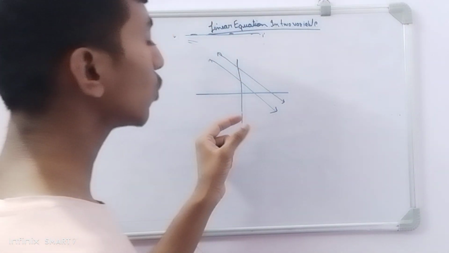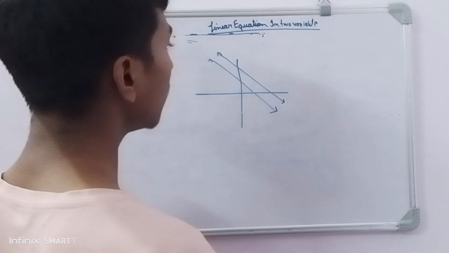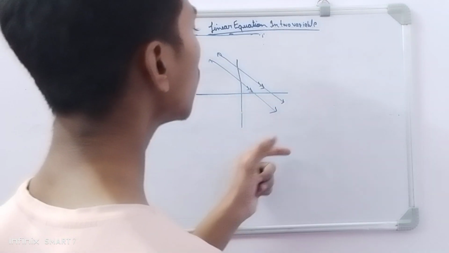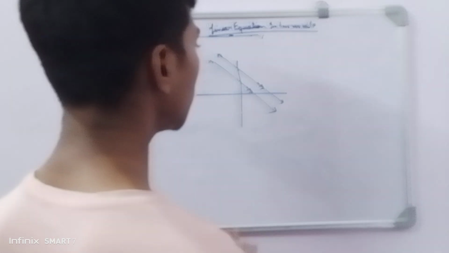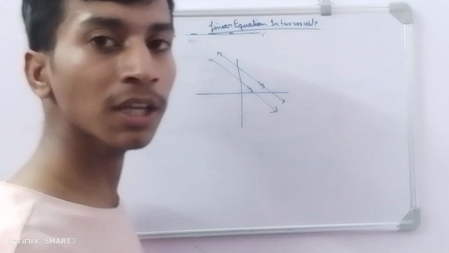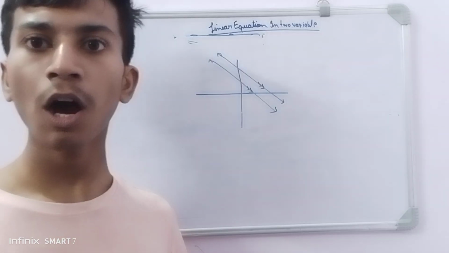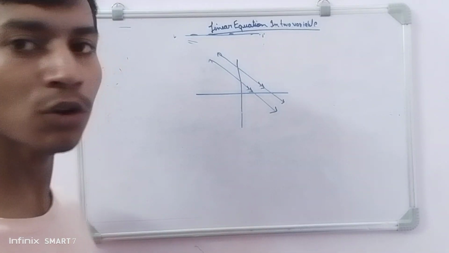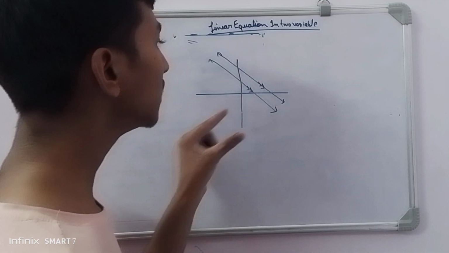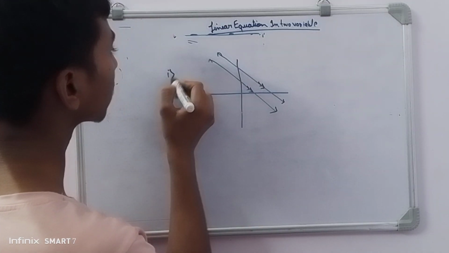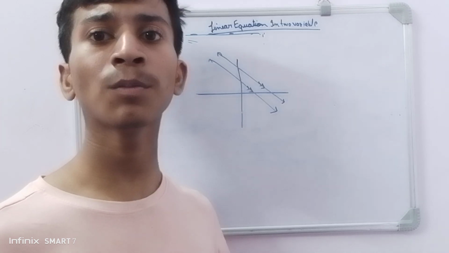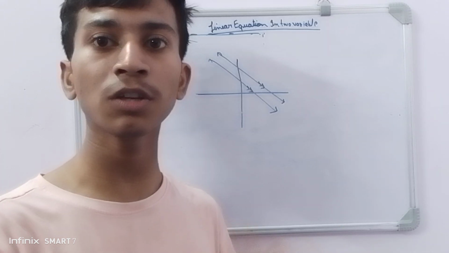Is there any common solution to both lines? Here there is no common solution, because both lines are parallel to each other. This is the first condition of solubility: if two lines are parallel to each other, there is no common solution between the two equations.